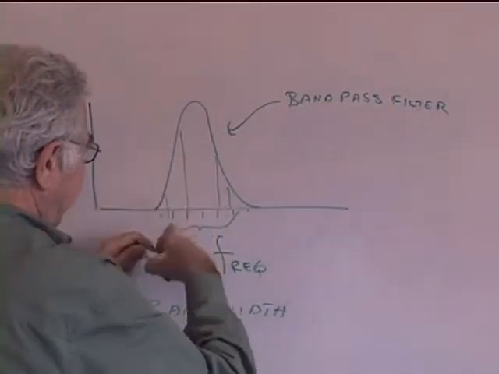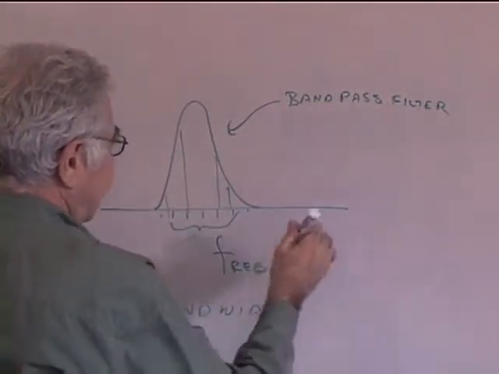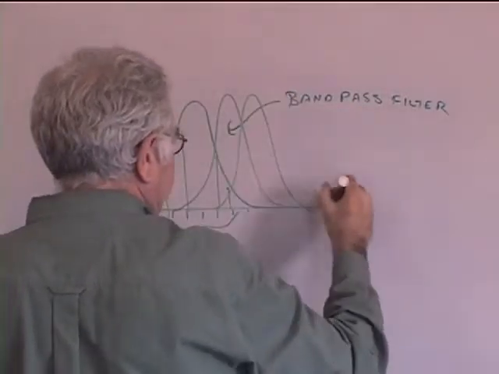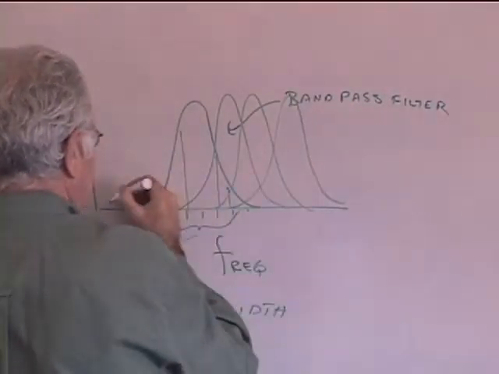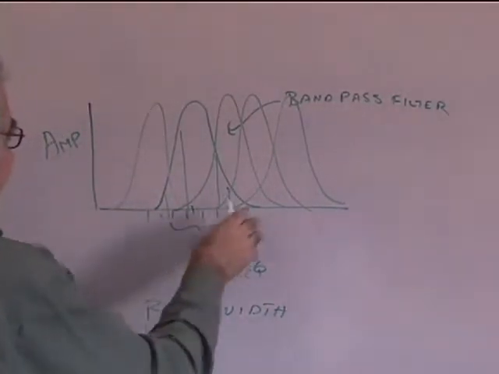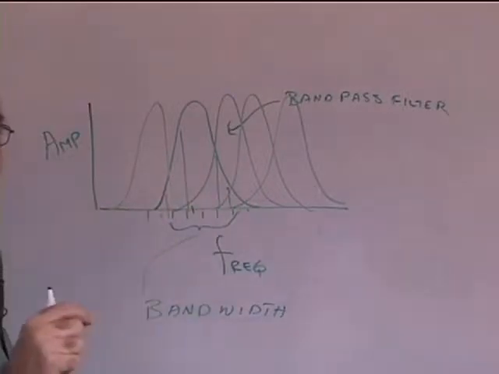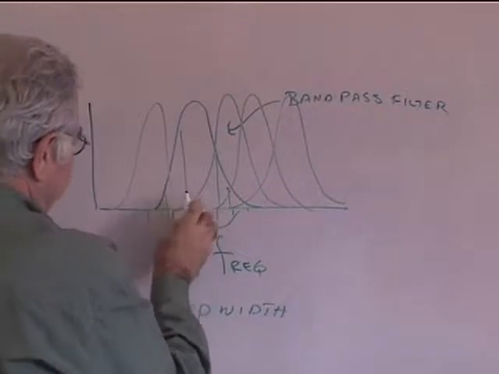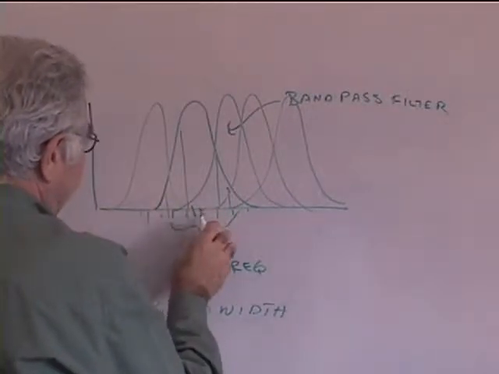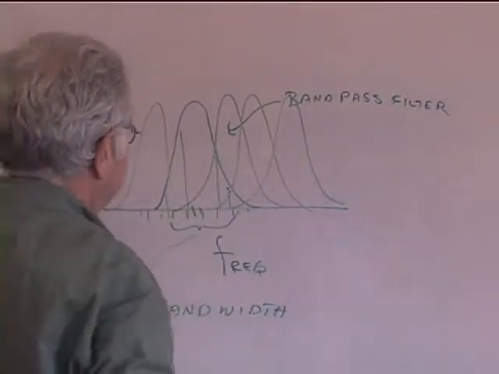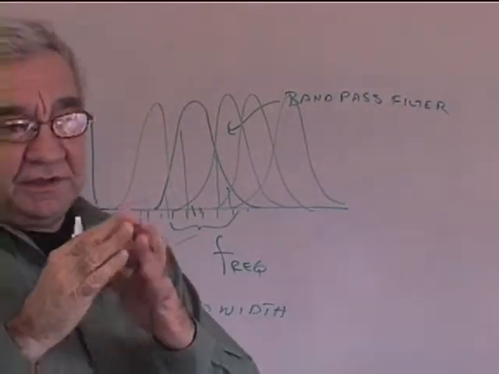If the bandwidth is very narrow, it's going to be very selective. If we had these filters laid out in this manner, and a frequency exciting this filter and a frequency exciting that filter, then we would have a way of separating those frequencies. But if the two frequencies fall within a particular filter and don't activate other filters, then we have a difficult time separating them.